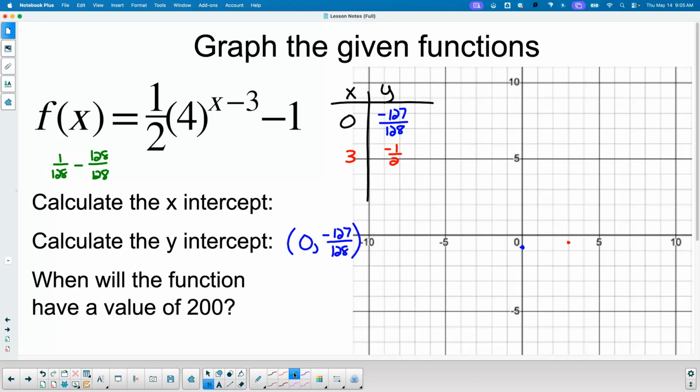An exponent value of 1 then would be x equals 4. 4 minus 3 is 1. 4 to the first power is 4, times 1/2 is 2, minus 1 is 1.